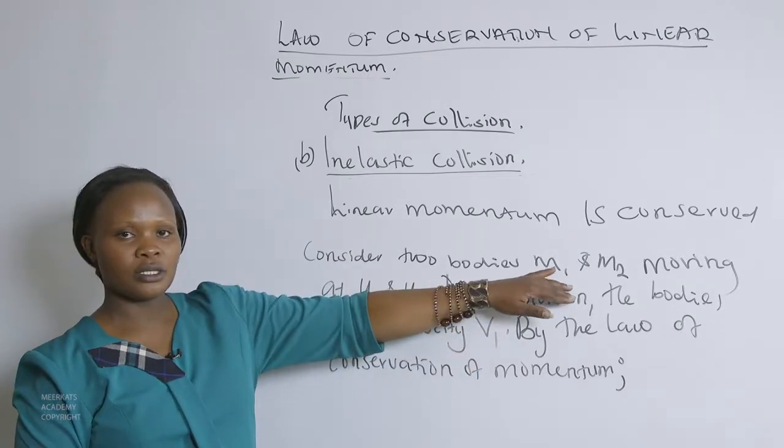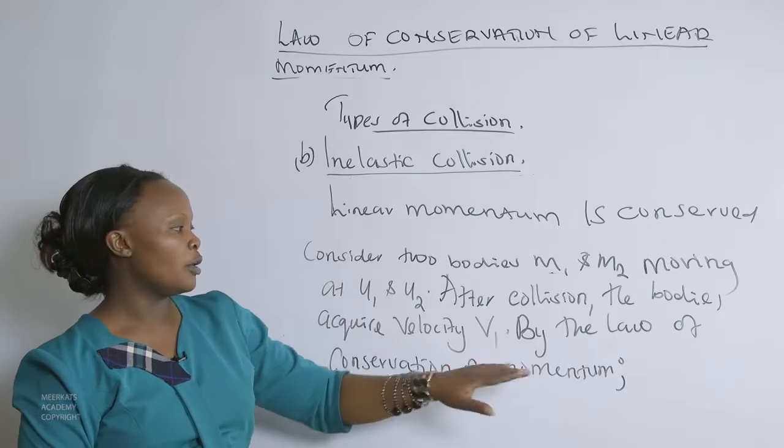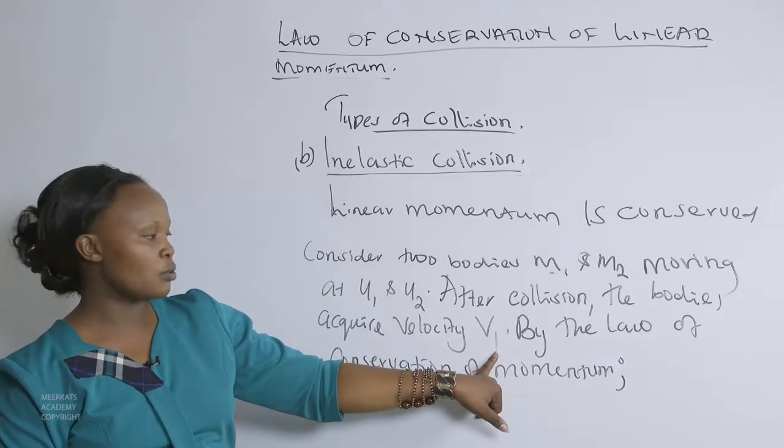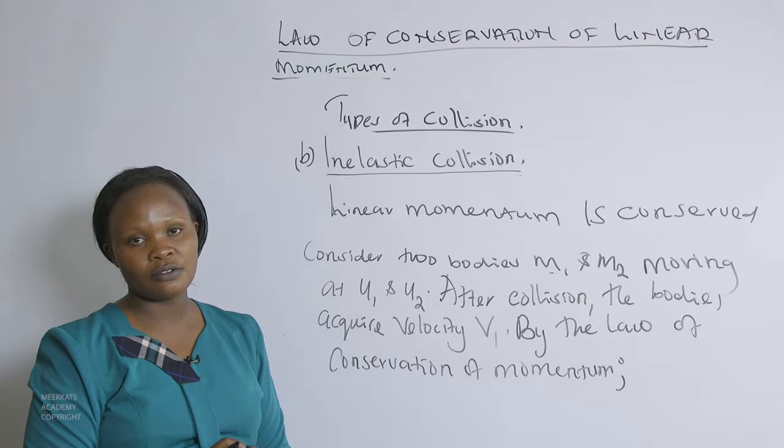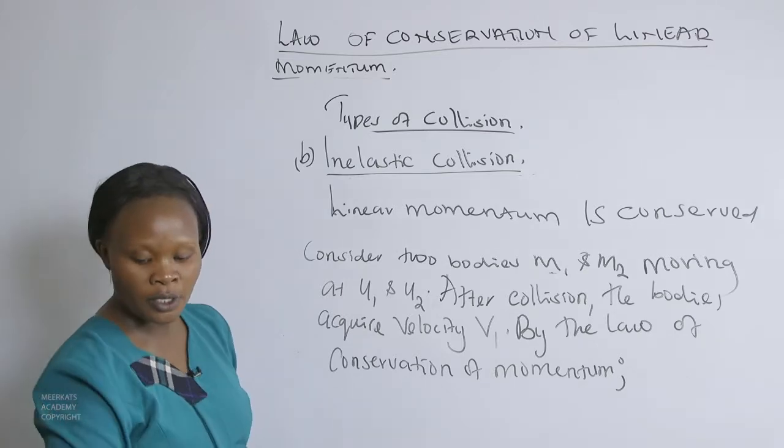We have the two bodies, we have their initial velocities, we have the final velocity, which is common, and it's achieved after the collision.